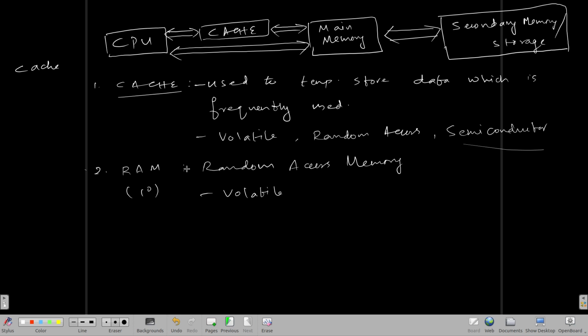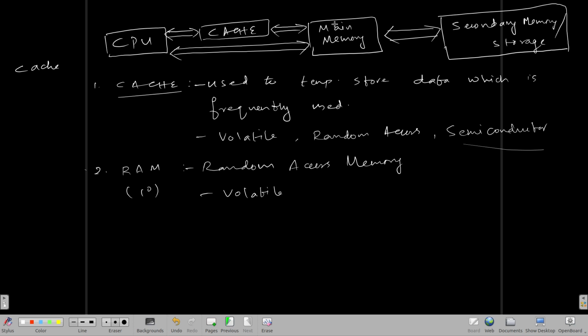Suppose you are running a certain program. A program is basically a set of instructions, right? Instructions and data. Any software is. So when you're running a program or software, whatever is required to run it is taken from the secondary memory or storage and put into the main memory.